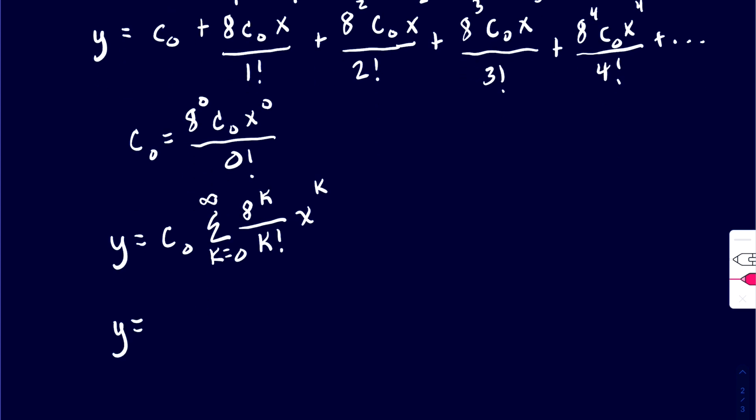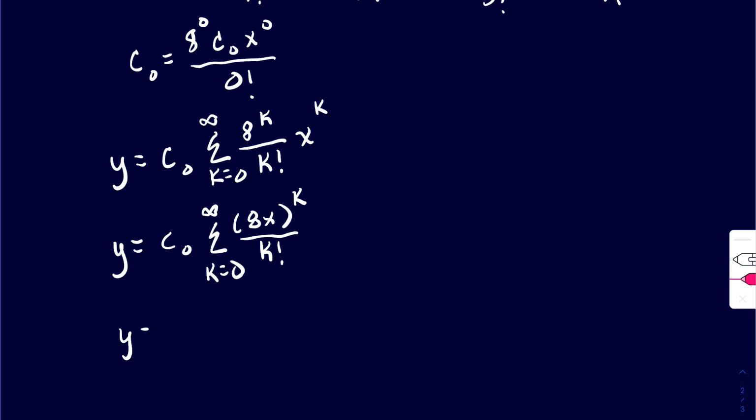So we'll have y equals c0 summation, k goes from 0 to infinity. We can group the 8x and that'll be raised to the k over k factorial. So this will give us y is equal to c sub 0 times e to the 8x. And we're done.